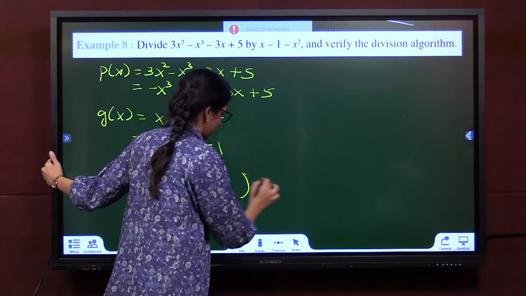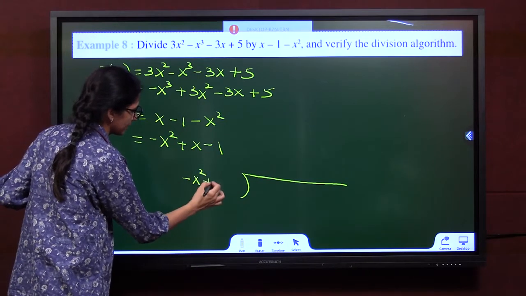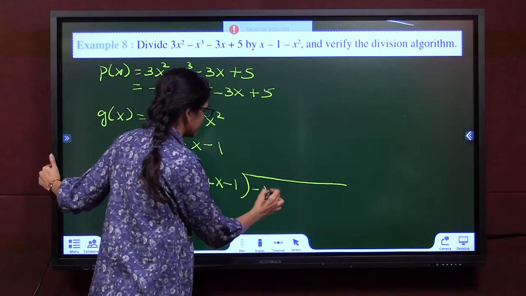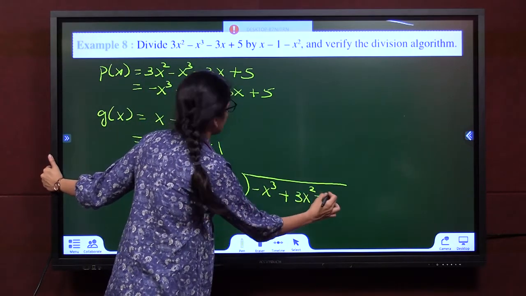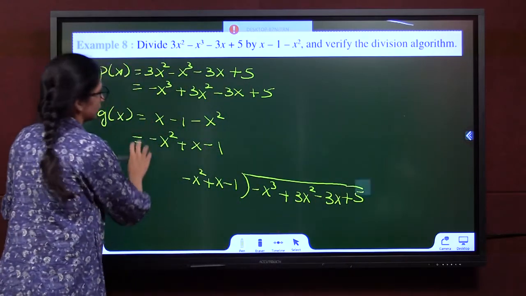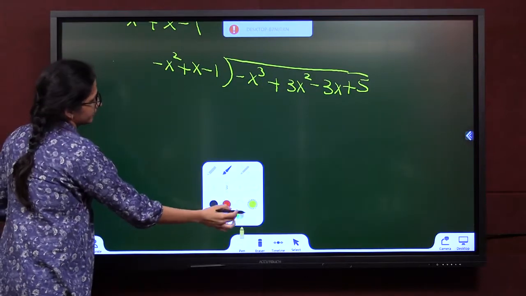So now what is the g of x? Minus x square plus x minus 1. What's the P of x? Minus x power 3 plus 3x square minus 3x plus 5. Yeah, let's begin.